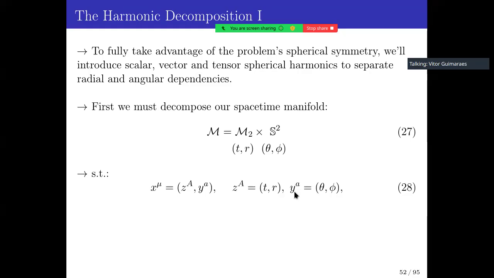And the y coordinates will be theta and phi, okay? So capital A runs from 0 to 1, and small a runs from 2 to 3, okay? In such a way that we maintain the fact that X mu runs from 0 to 3, which means it runs over T, R, theta, and phi, okay?